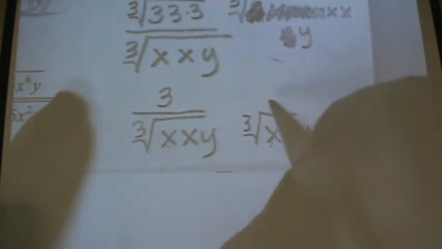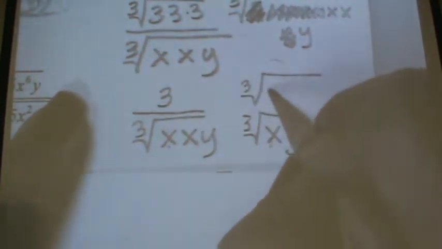Now we're looking for 3 of a kind. Do you have 3 of anything that can come out? We have 3 3's. So the 3 comes out on top. And now we need to rationalize the denominator. So what do I need? I need 3 of a kind to get that out. So I'm missing an x and 2 y's.